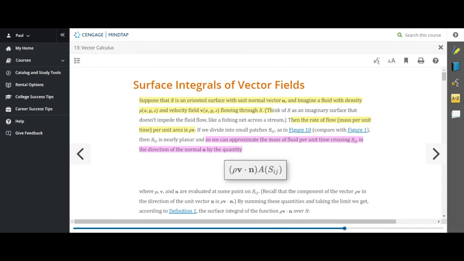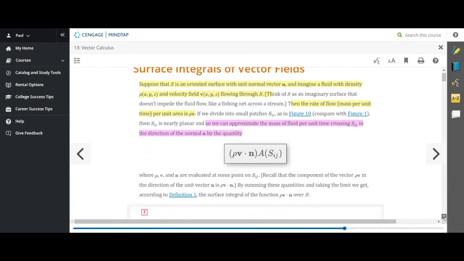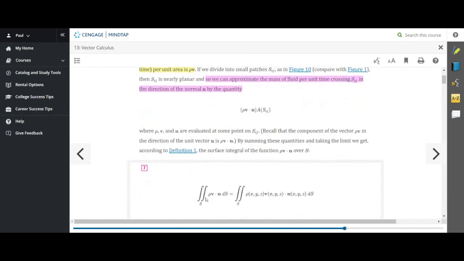So what if you wanted to get an idea of the total flux rate? Well, what would you do? Well, let's take a look here. So you could have a Riemann sum of that rho v dot n times the area.